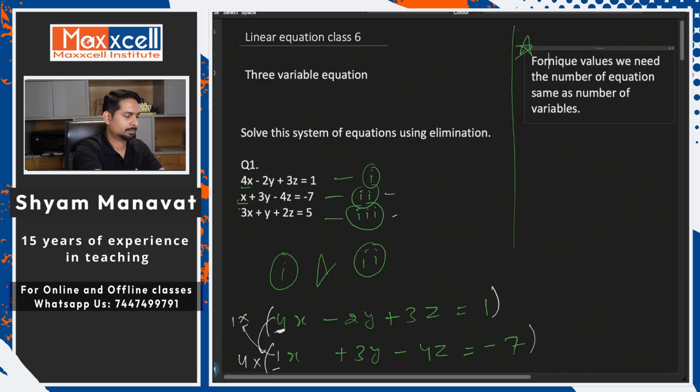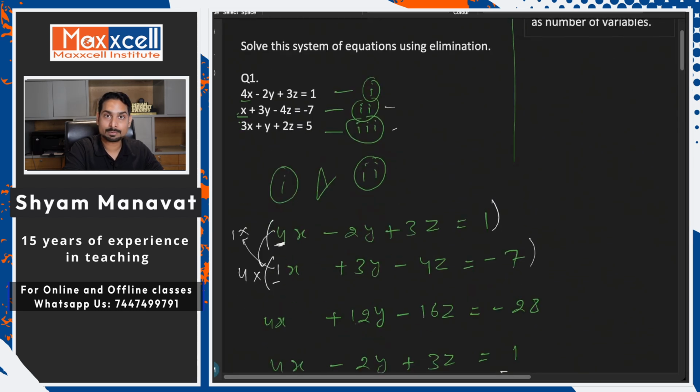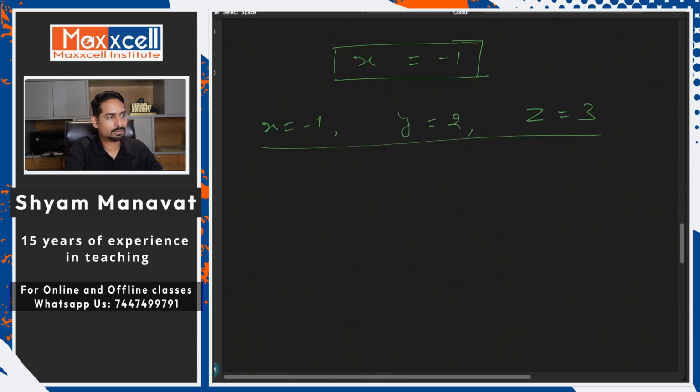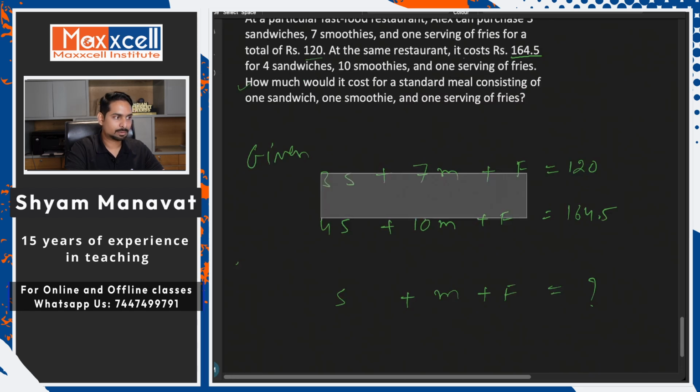For unique values of each variable, we need the number of equations equal to the number of variables. That means if there are 3 variables, you require 3 equations. Do you have 3 equations here? No, you have only 2 equations.